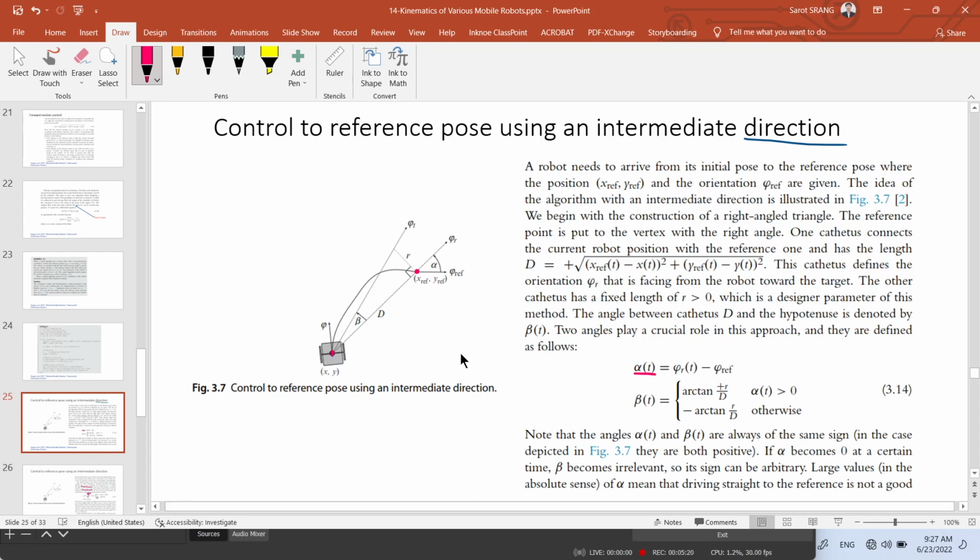Beta is constructed by choosing a fixed r and drawing a line perpendicular to vector d. When the robot moves to this point, d would be like this, r would be like this, and beta would be here.